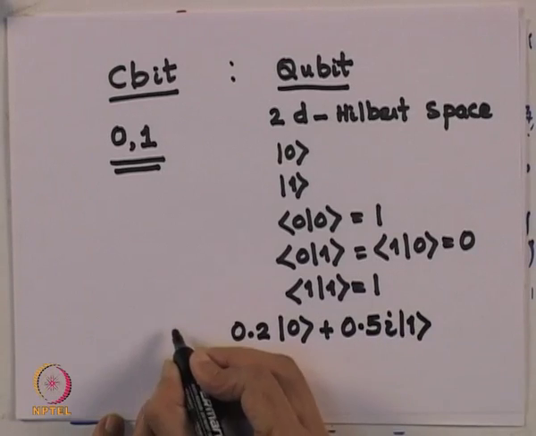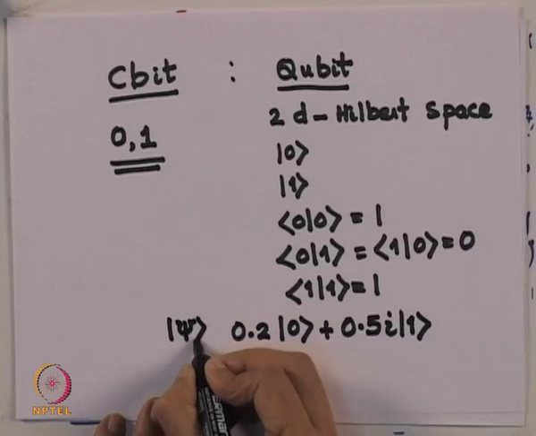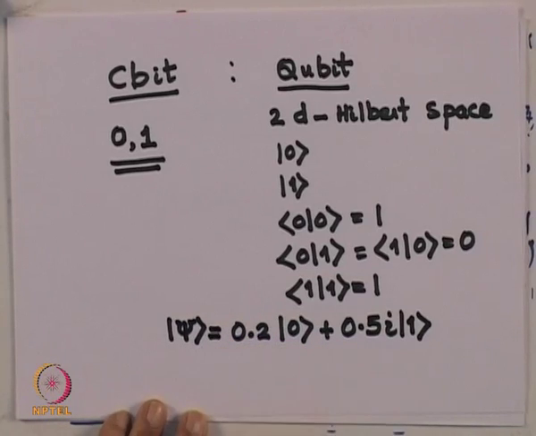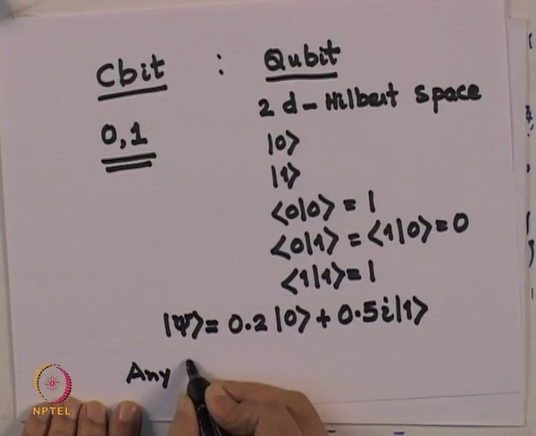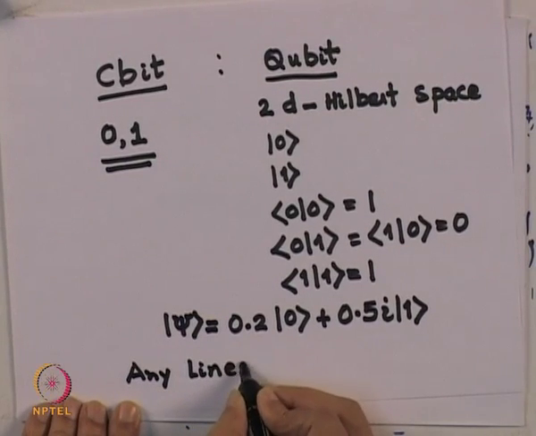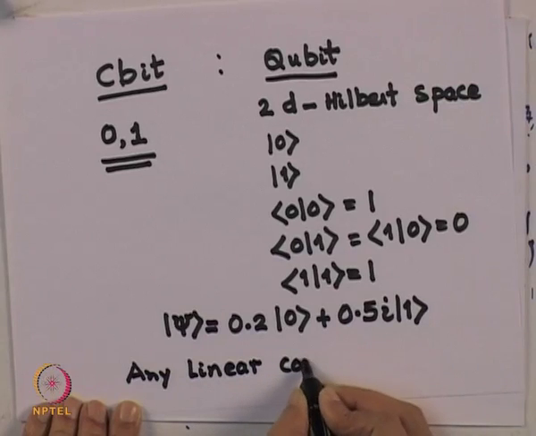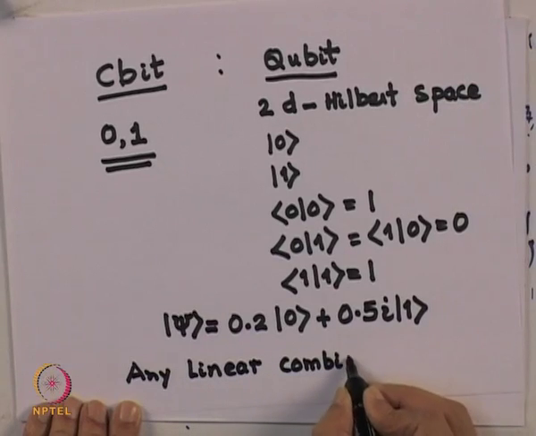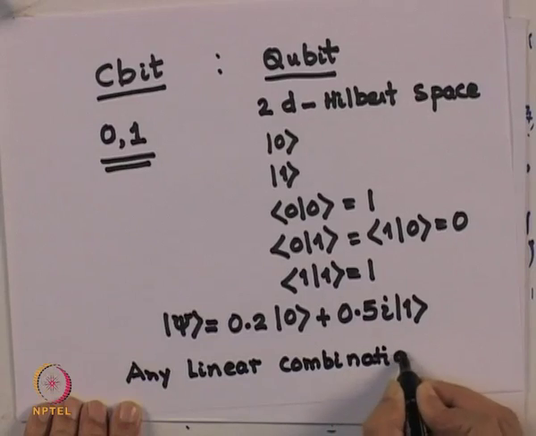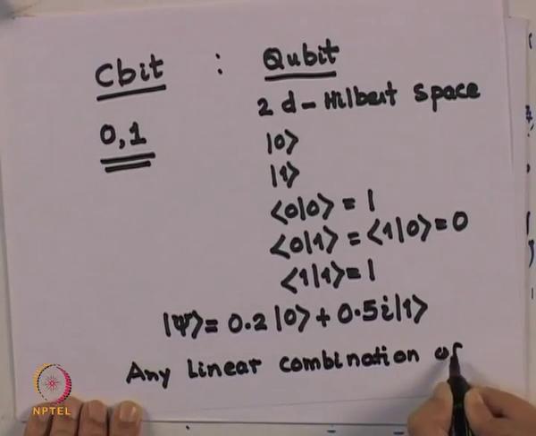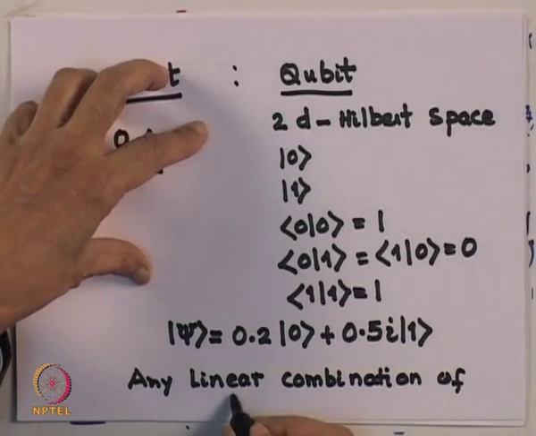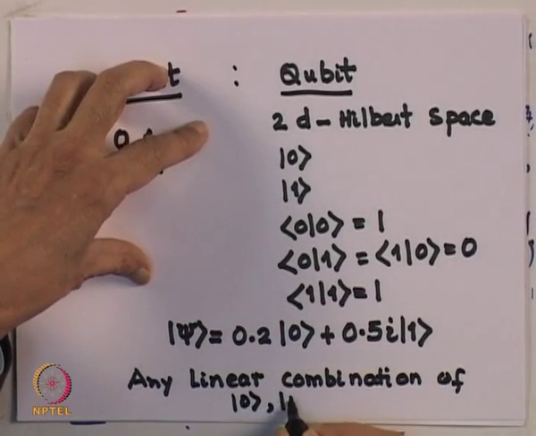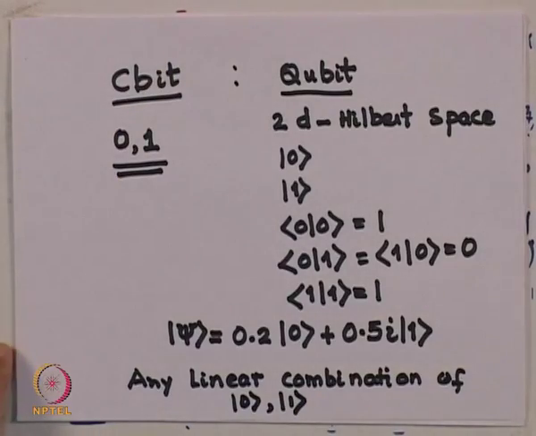This makes perfect sense. So any linear combination of the basic qubits, namely 0 and 1, with complex coefficients, makes perfect sense.